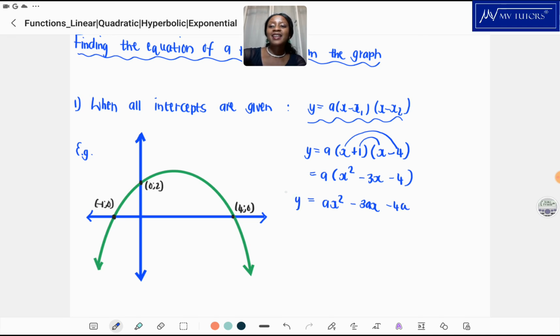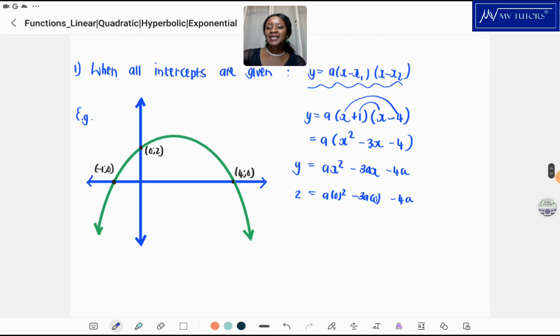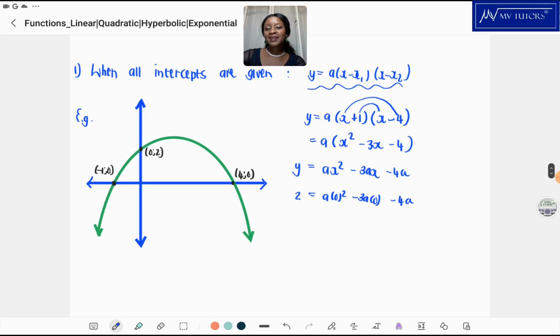Then I'm going to substitute in the y-intercept. The y-intercept means that x is 0, so y will be 2. Everywhere I have x, I'm going to have 0 now: minus 3a times 0, minus 4a. So at the end, I just have negative 4a is equal to 2.